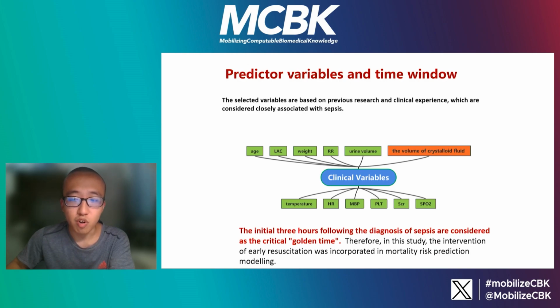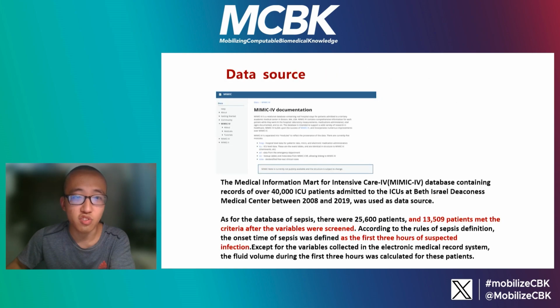Additionally, the volume of crystalloid fluid taken within the first 3 hours is also incorporated as a variable. Compared to other sepsis mortality prediction models, we allow for the earlier identification of high-risk patients and the timely implementation of interventions.